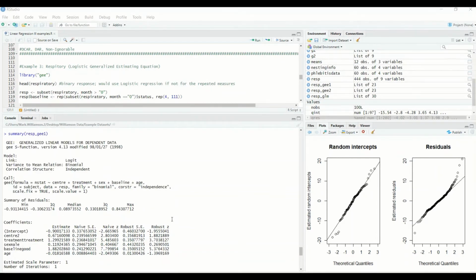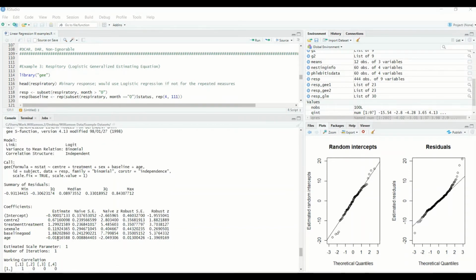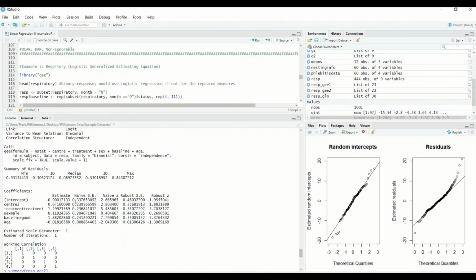And you can tell how well your model is fit by comparing the standard errors of each of these estimates, the naive ones with the robust ones, which is after the sandwich estimator. The closer they are together tells you how well the model fit. So for our first one, where we had an independent correlation structure, we see here, and they are different.